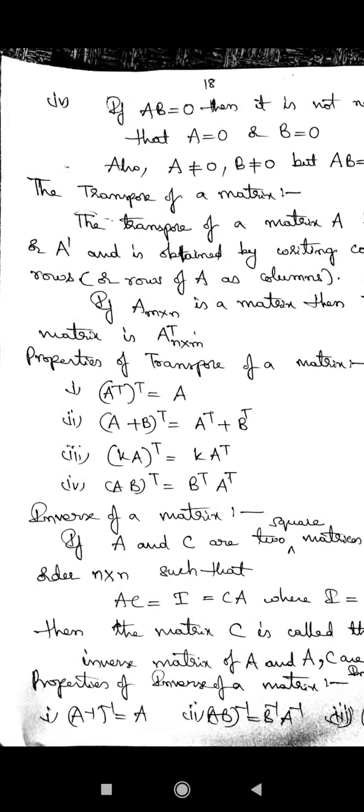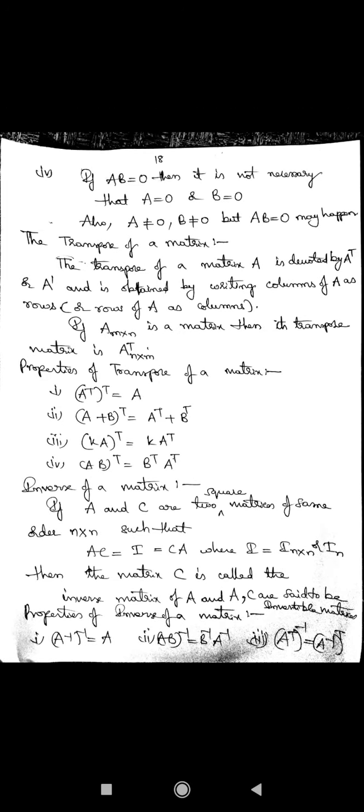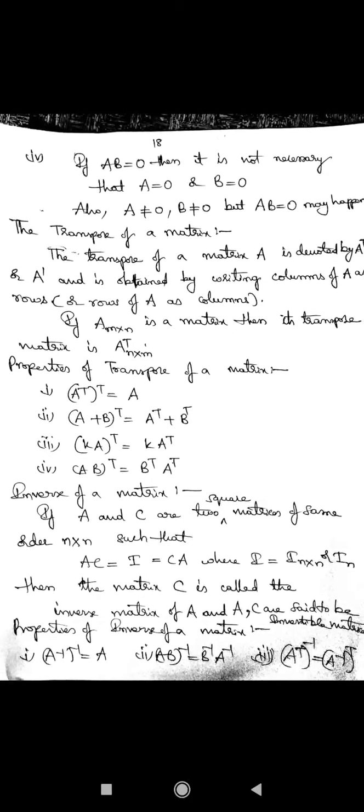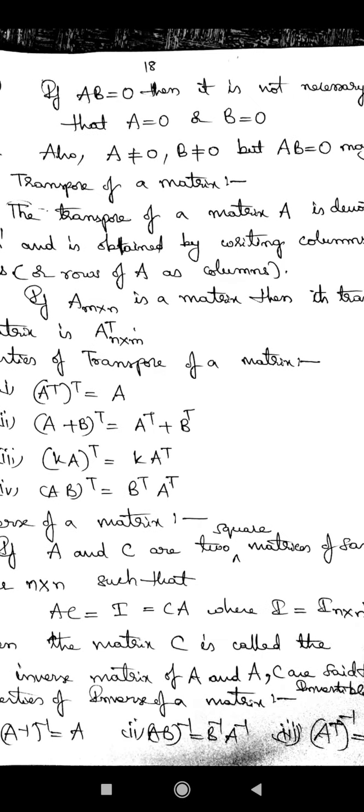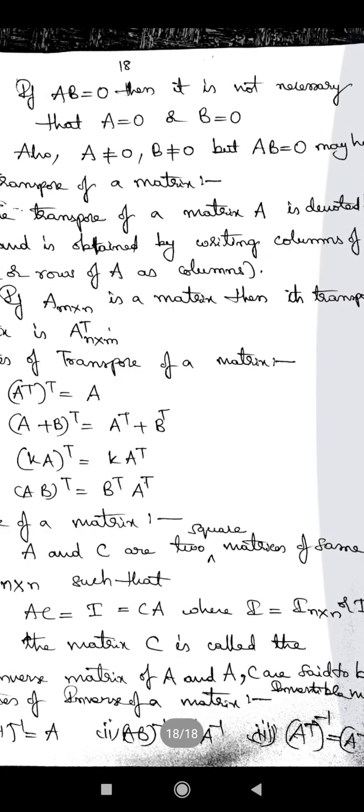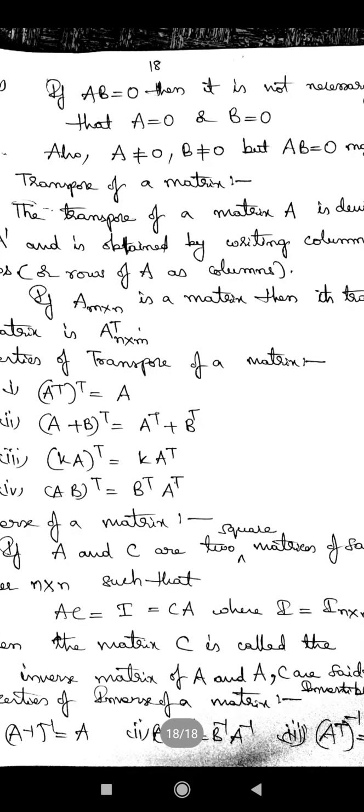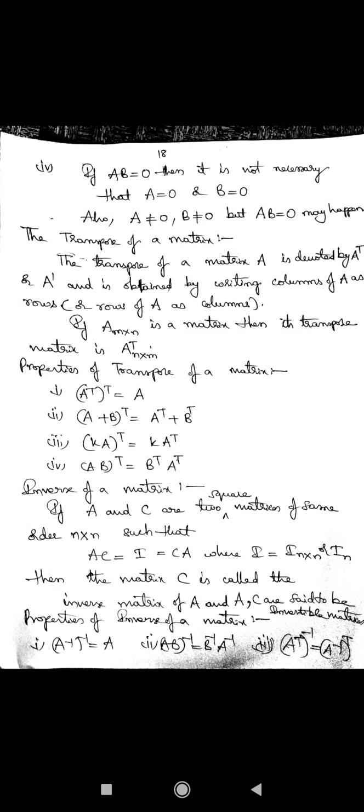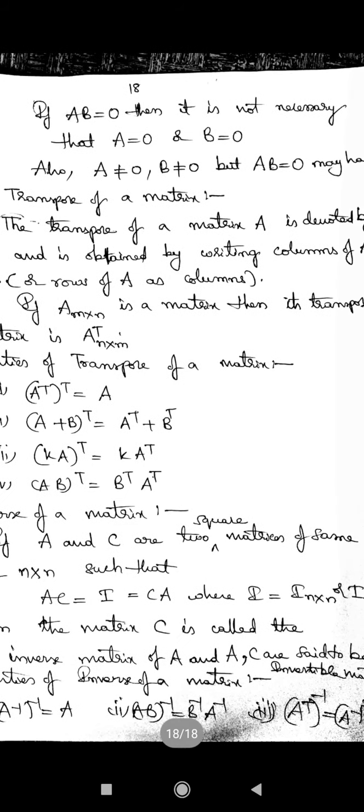Next, the inverse of a matrix. If A and C are two square matrices of the same order n by n such that AC is equal to I is equal to CA, where I is the nth order unit matrix, then the matrix C is called the inverse of matrix A, and A, C are said to be invertible matrices.